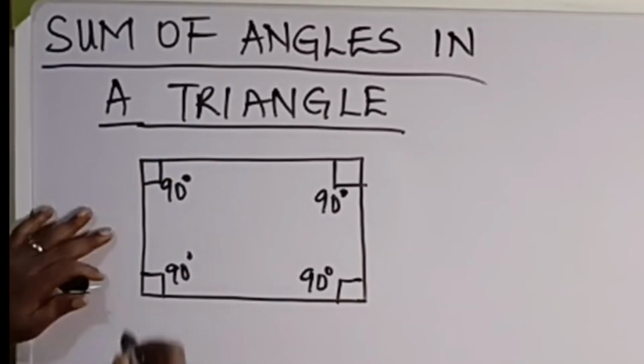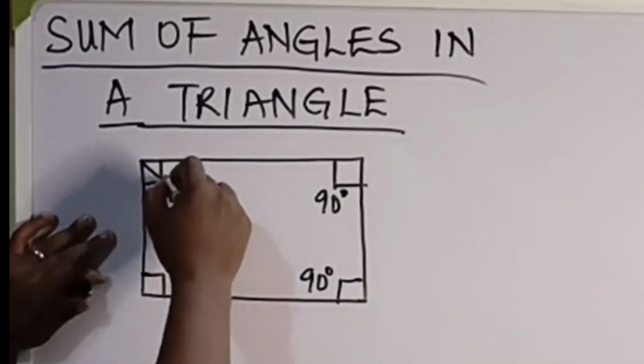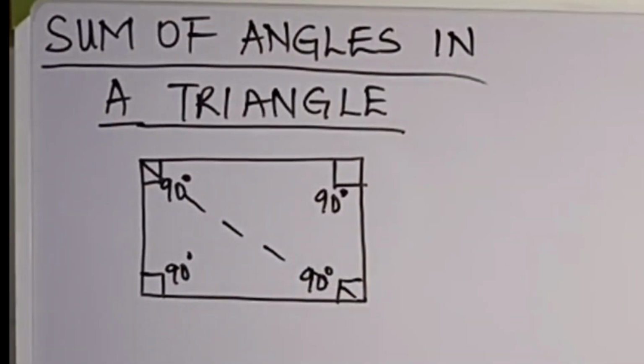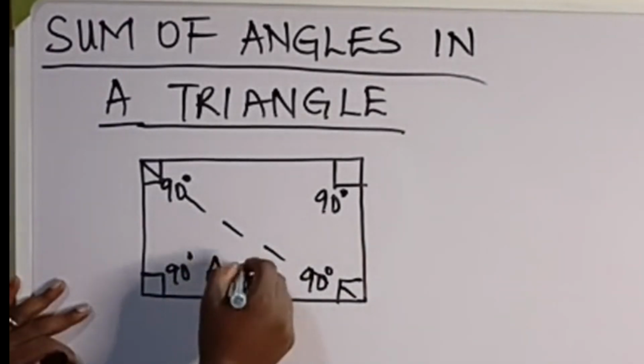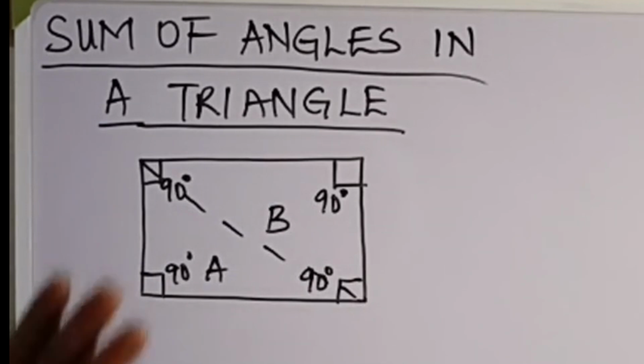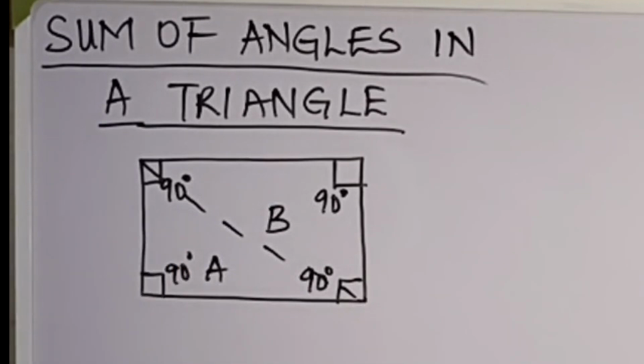So if I divide this quadrilateral into two along the diagonal, I'm going to get two triangles. Let's call this triangle A and triangle B. This means a quadrilateral can be divided to give us two triangles, right?